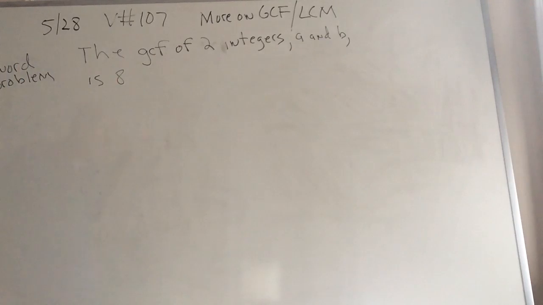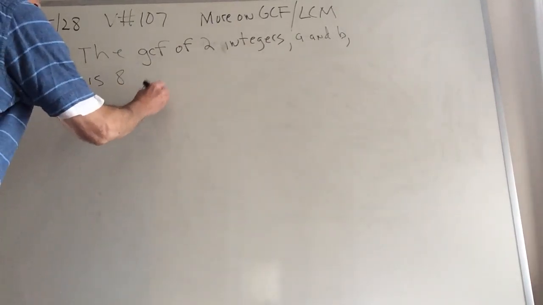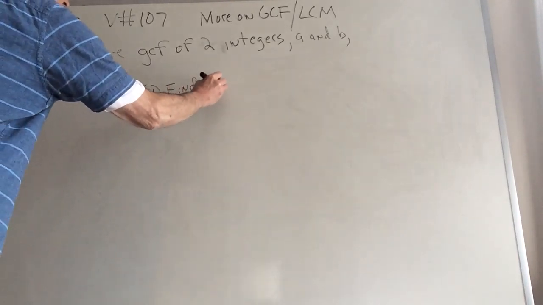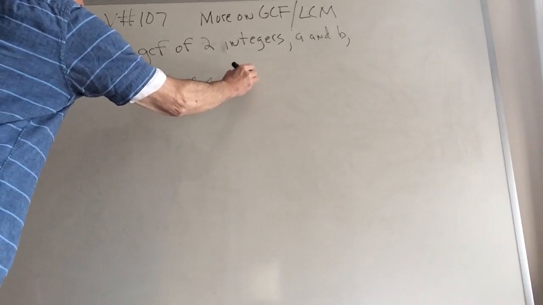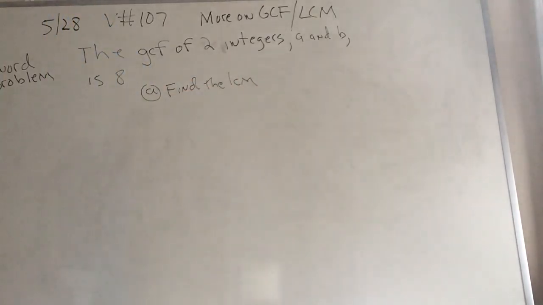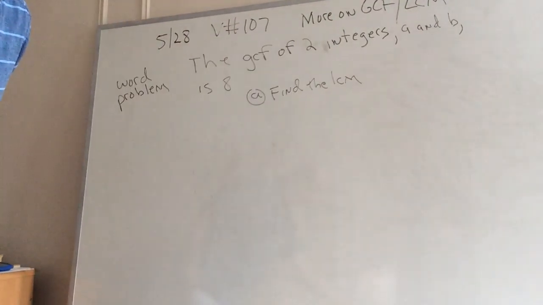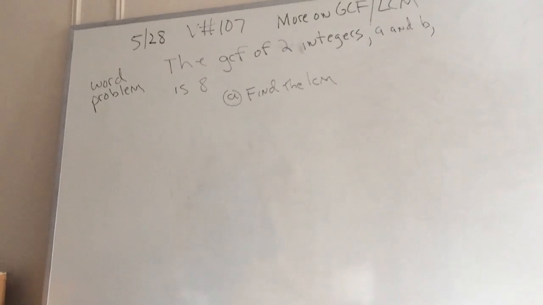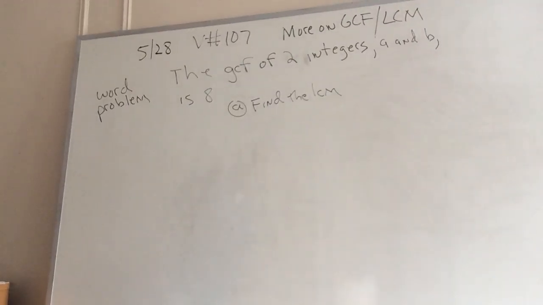It's some number, 8, right? Okay? And there'd be two questions here. A, find the LCM. Should be easy, but you'd be surprised. Once you put things in words, kids get really confused. Are you able to read that? Okay. All right, good. Just making sure I got everything out there.